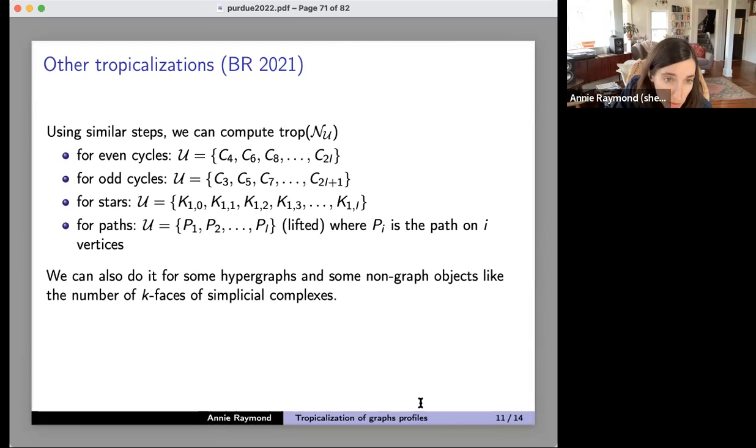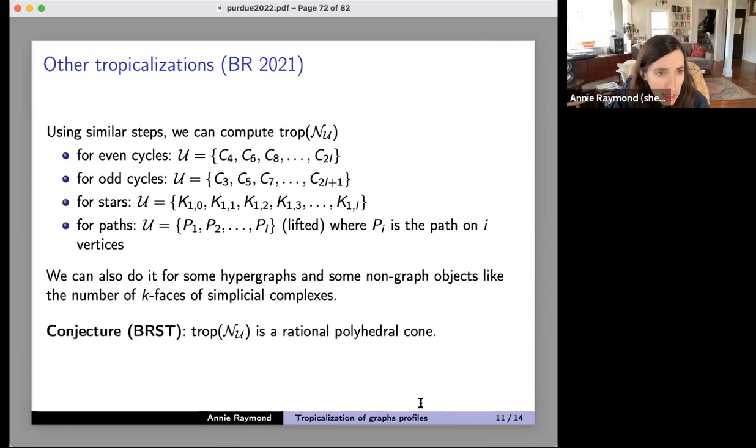Matroids were even more interesting because they don't even have the Hadamard property. And in all of these cases, we got this polyhedrality phenomenon, and more than polyhedrality, rational polyhedrality. And so we do conjecture, we hope that it is true in general.